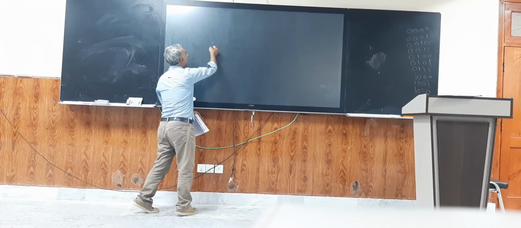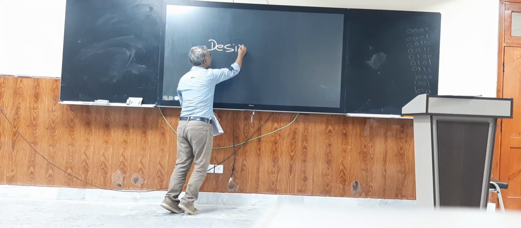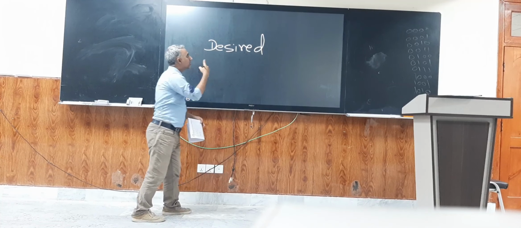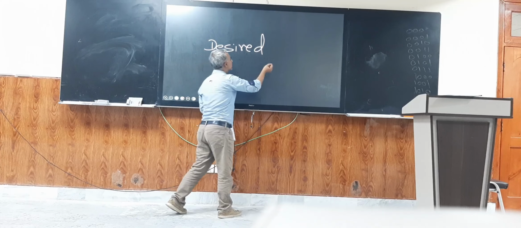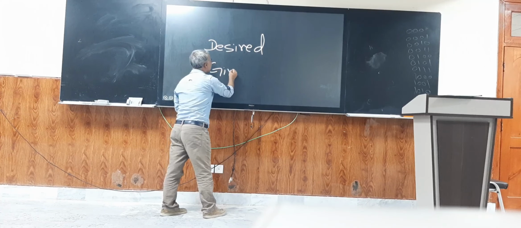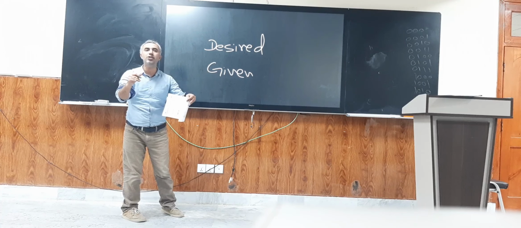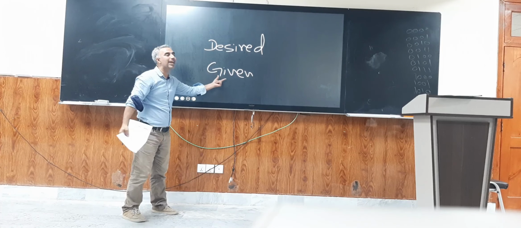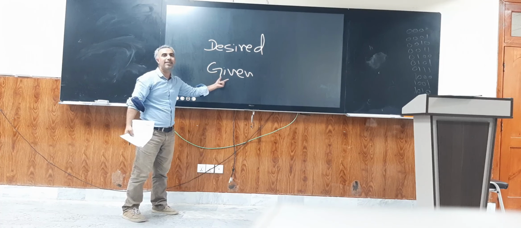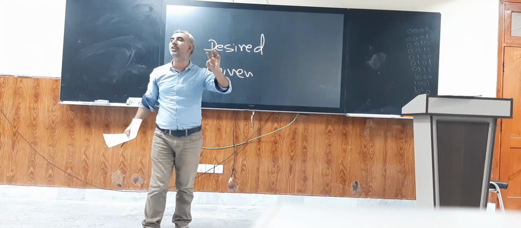So, desired situation and the given. What you want to do is equalize. This one is the given. Your desired is not exact. For example, 4 GPA is kind of a given.